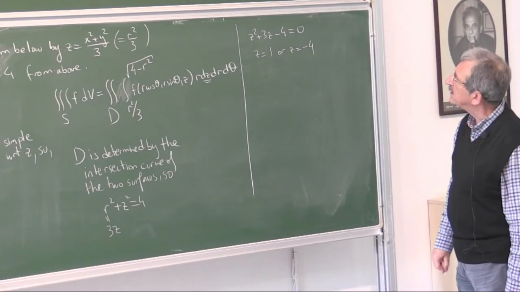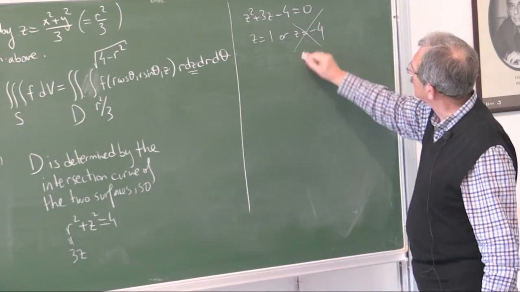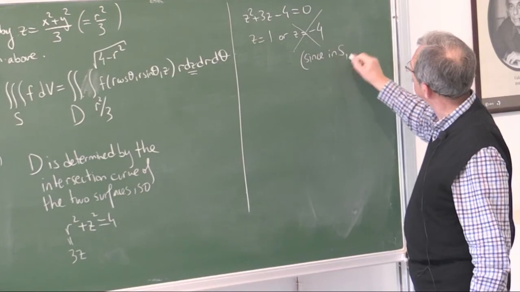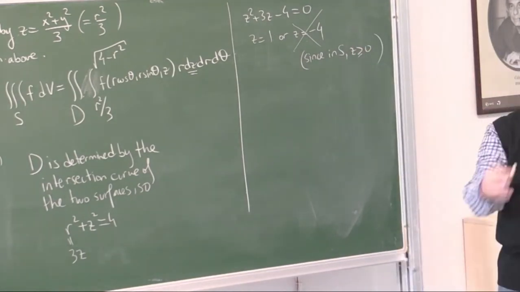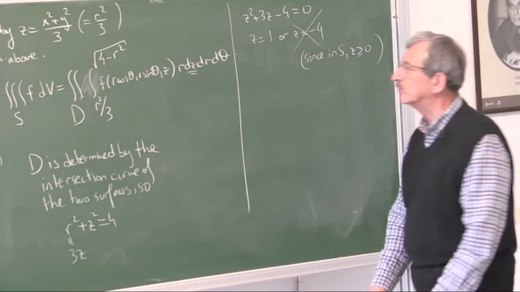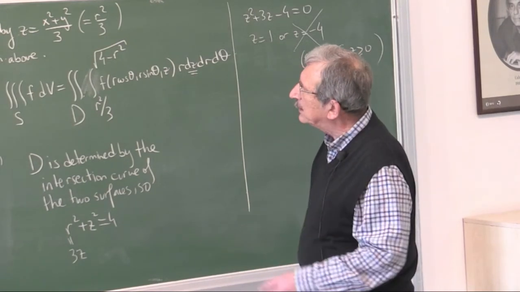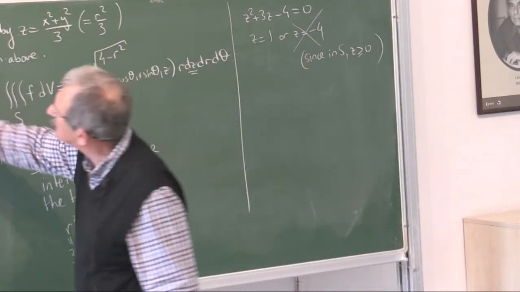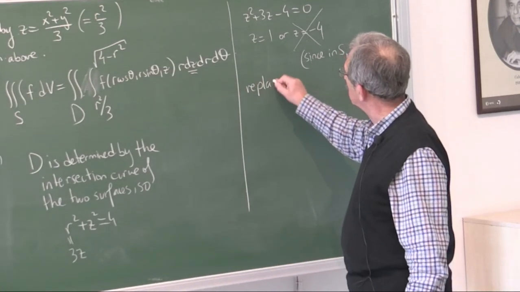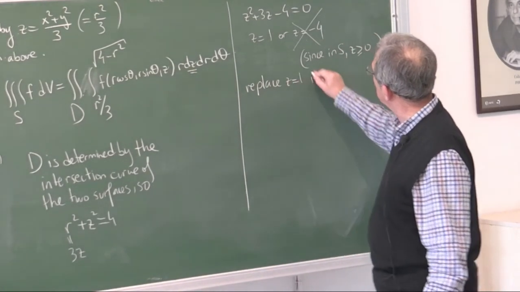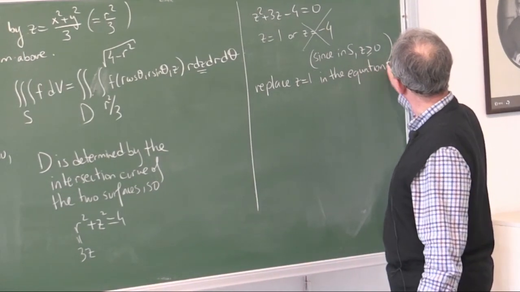Okay. Clearly, this is not possible, since in S z is positive. So the intersection curve must be z equal to 1. Well, z equal to 1 means, in both cases, you can put z equal to 1. So replace z equal to 1 in the equations. Well, it doesn't matter.